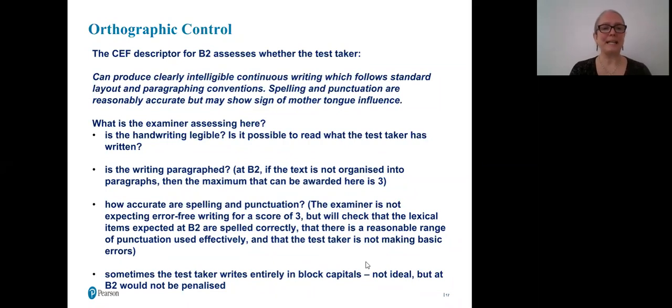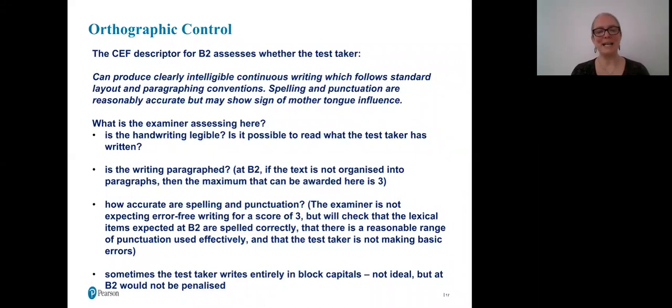We're also looking here to see how accurate the spelling and punctuation are. Again, we're not expecting error-free writing for a score of 3, but we will be checking that the lexical items expected at B2 are spelled correctly. We're looking to see if there's a reasonable range of punctuation being used effectively, and that the test taker is not making basic errors.